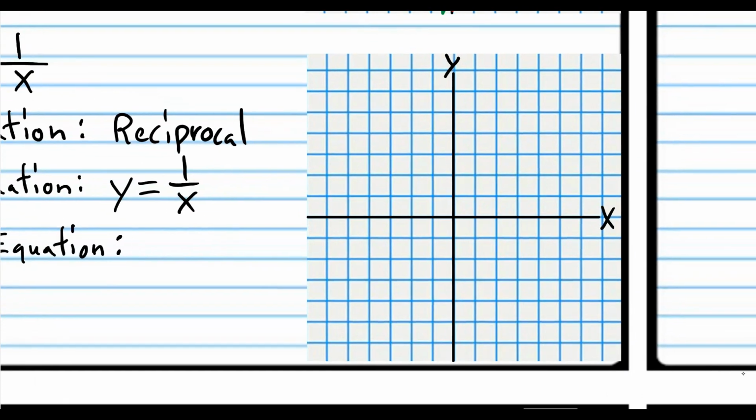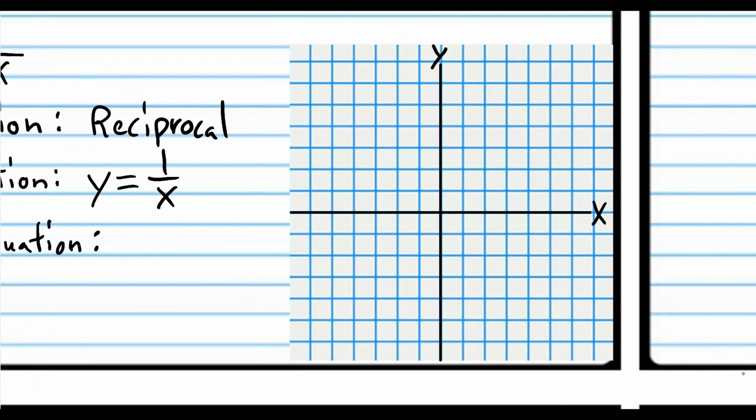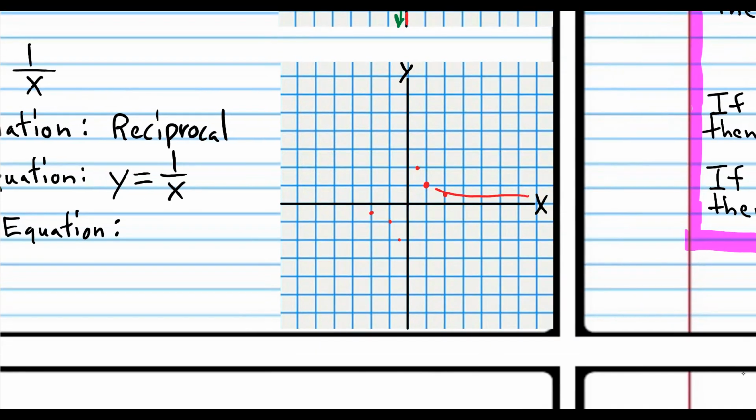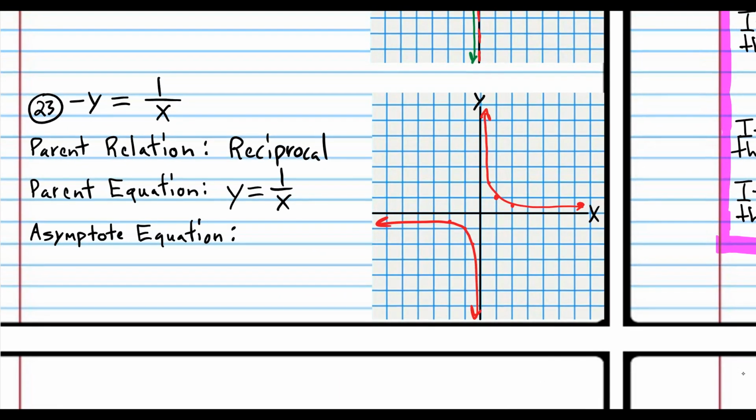So remember, we want to use those 6 reference points. You should have your library in front of you. You see those purple points on your reciprocal relation. 2, 1/2, 1, 1, 1/2, 2. Negative 1/2, negative 2, negative 1, negative 1, negative 2, negative 1/2. And connect the dots. And that is our parent graph. And we want to reflect across the x-axis.